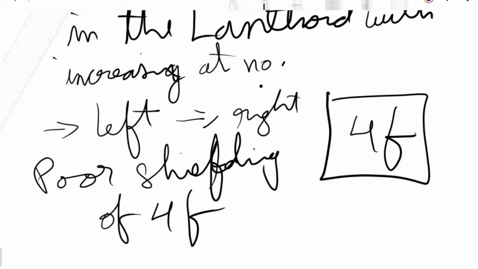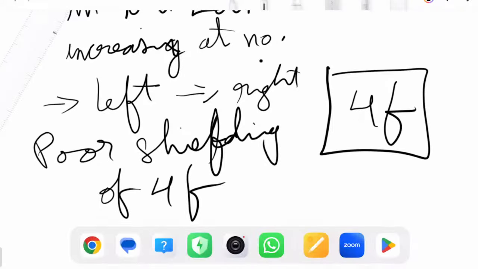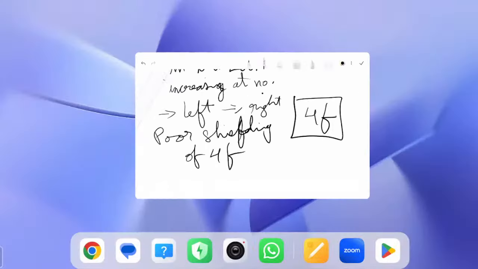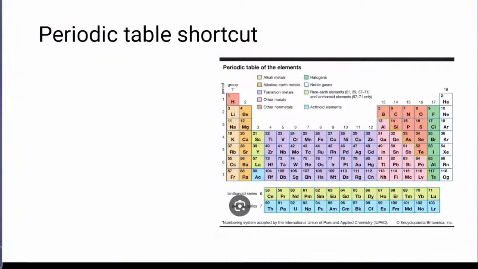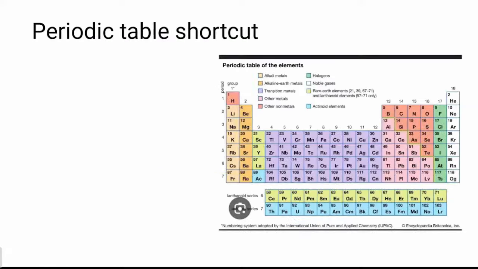So in short, overall, the lanthanoid contraction is due to poor shielding of 4f electrons. The whole 58 to 71 series undergoes this contraction.